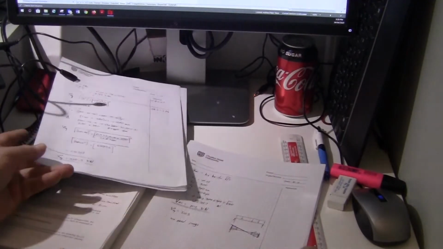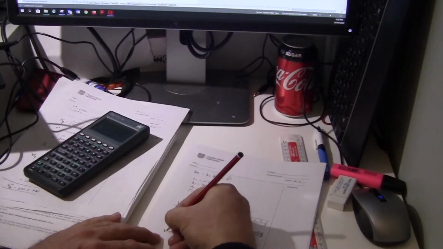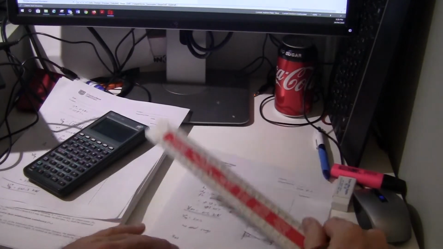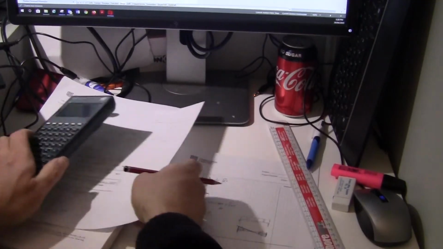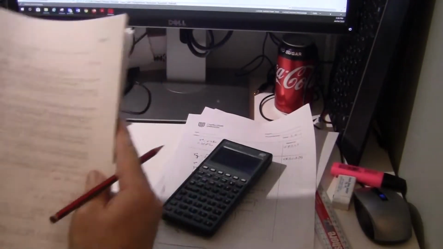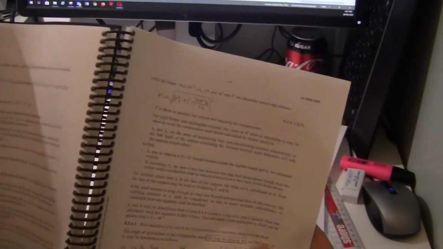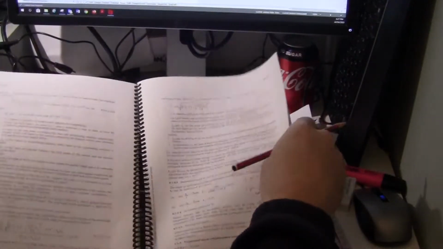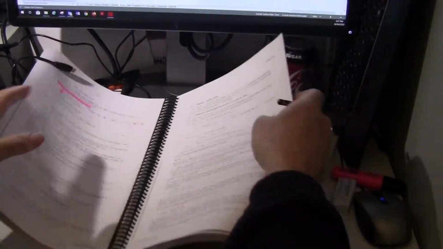All right, so let's work out what VUS is. VUS is the shear capacity that you get by having steel rings. And that's in the equation on the next page here. 8.2.5.2. All right.